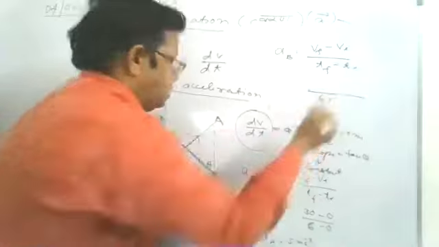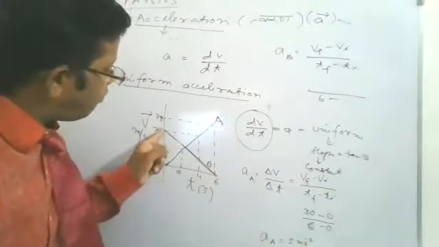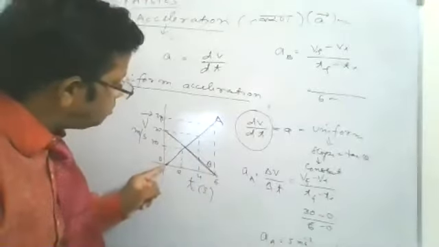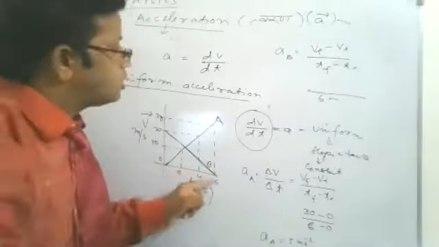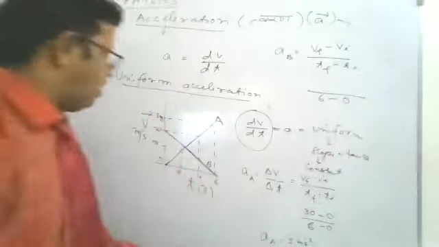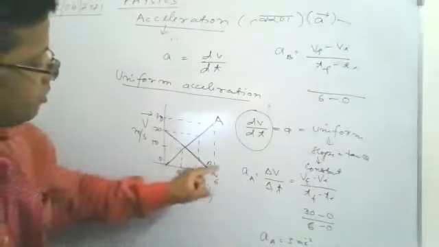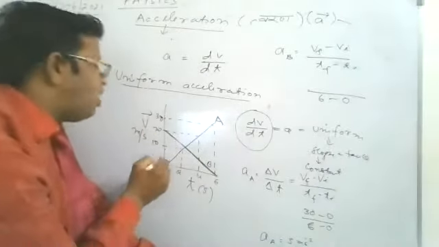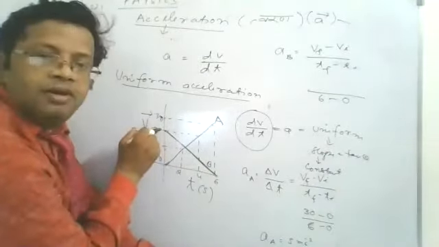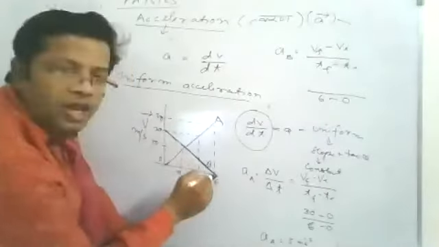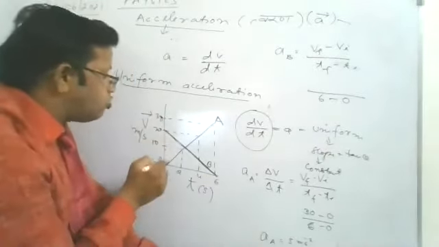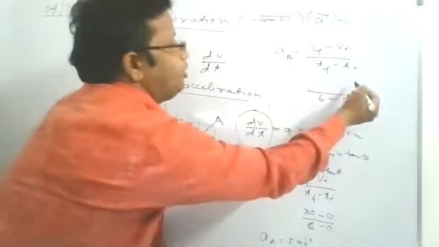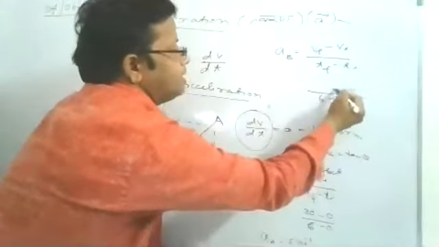The graph starts from here at 0 second, because the time goes from 0 to 6, so the initial time is 0. Now tell me, at time 0, where is the graph of body B? At 0 second, the graph is at 20. So the initial velocity is 20.